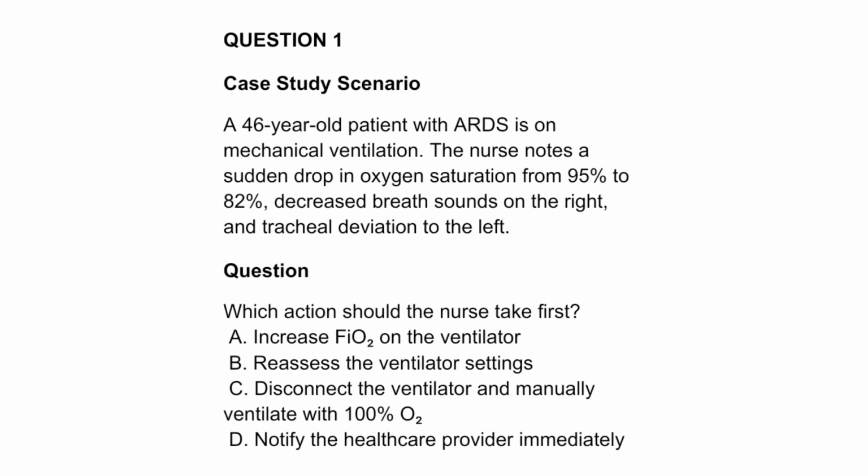Question: which action should the nurse take first? A. Increase FiO2 on the ventilator. B. Reassess the ventilator settings. C. Disconnect the ventilator and manually ventilate with 100% oxygen. D. Notify the healthcare provider immediately.